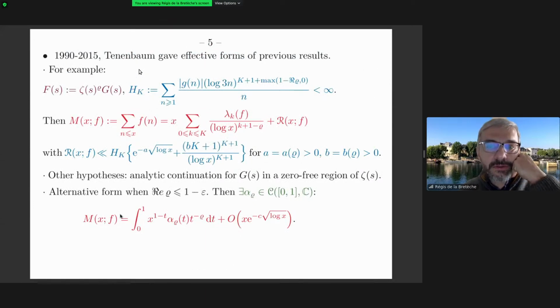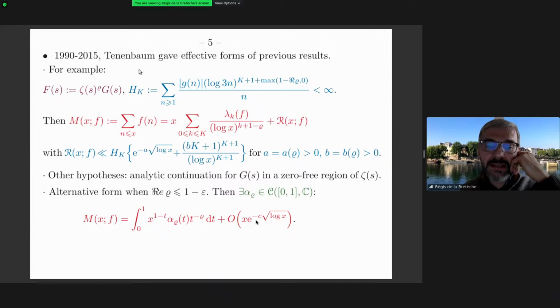So you have the sum of f of n is the integral between 0 and 1 of x power 1 minus t times this continuous function alpha index rho of t times t minus rho dt, and with a very small error term.